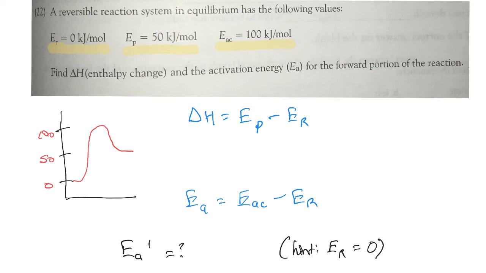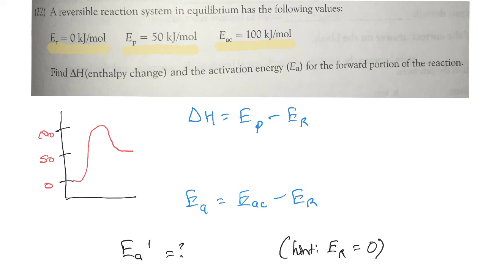So looking over here, I just drew this little chart just so I can visualize, because that helps me. So the reactants start down here, and reactants, it tells us, is 0. Okay, so they're starting at 0. We have to go all the way up to 100 for the activation complex to begin, and then the products end up here at 50.